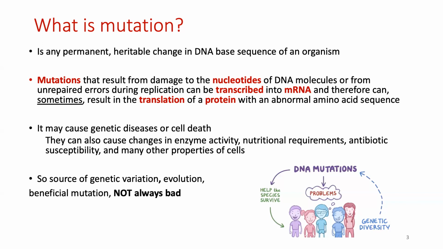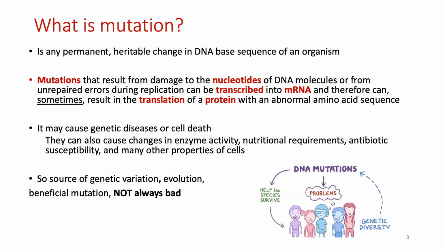And then this mutation results from damage to the nucleotide of the DNA molecule due to a mutagen, or sometimes an error, an unrepaired error during the replication, and can then, within that specific gene, be transcribed into mRNA.